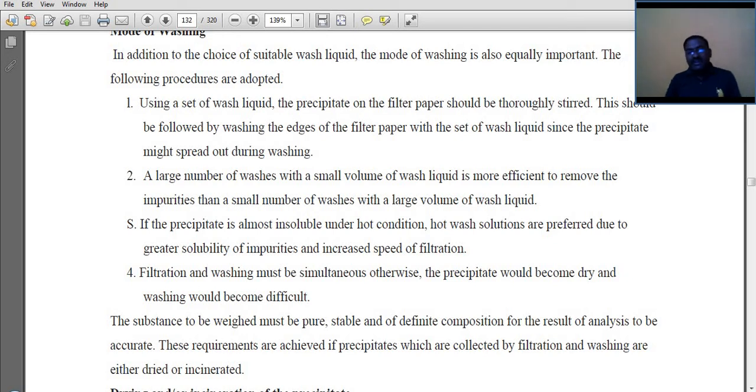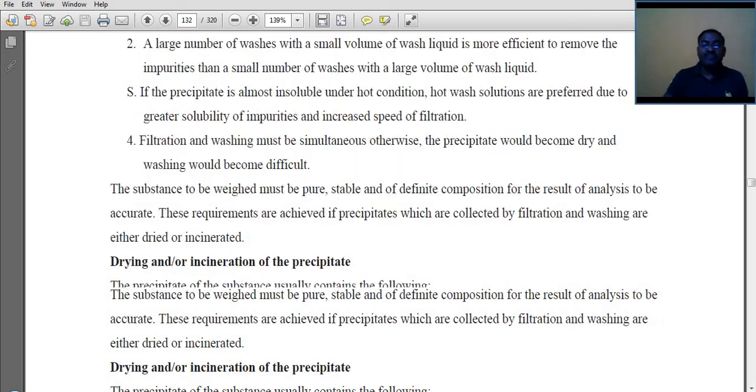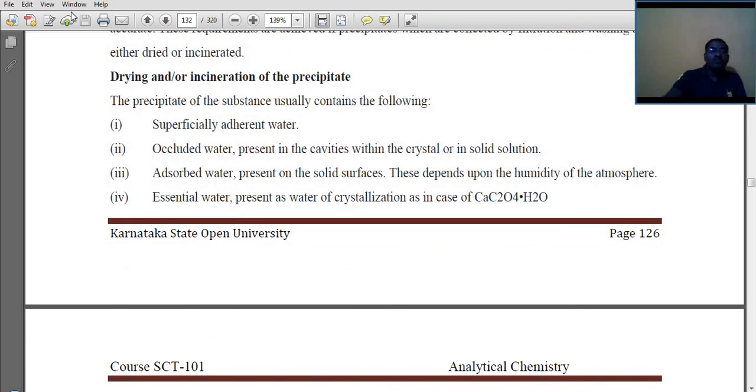If the precipitate is almost insoluble under hot conditions, hot wash solutions are preferred due to the greater solubility of impurities and increased speed of filtration.